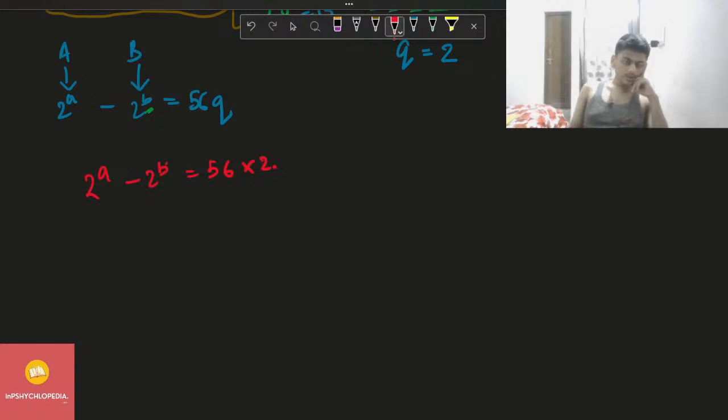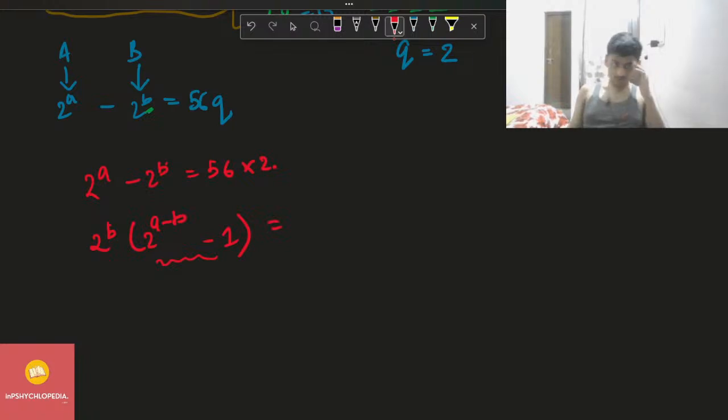Yes, so taking 2 to the power b common, it will come out to be 2 to the power b into (2 to the power a minus b, minus 1). So 2 to the power something minus 1 is an odd number.